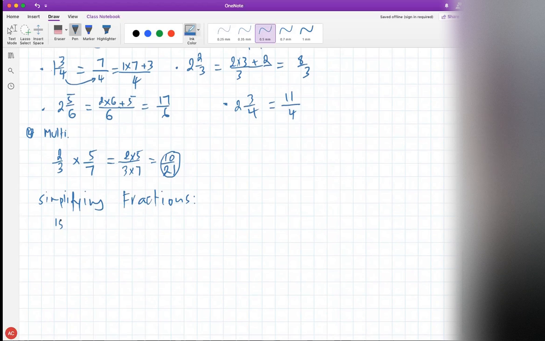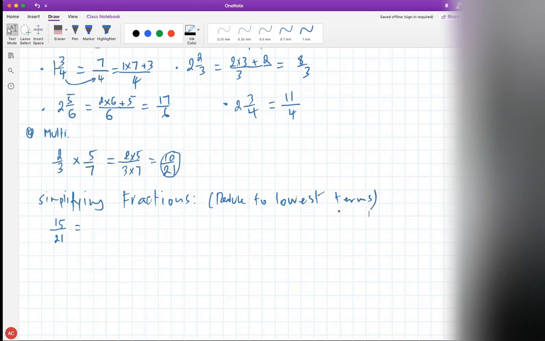For example, if you have 15 over 21, we try to simplify it or reduce it to lowest terms.